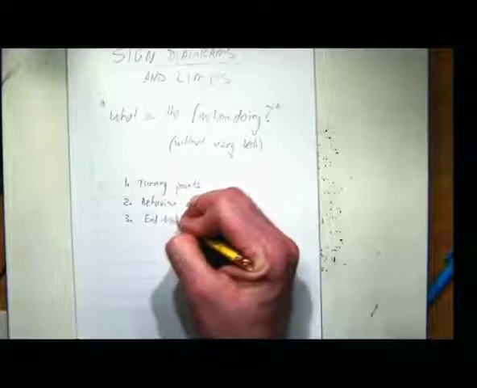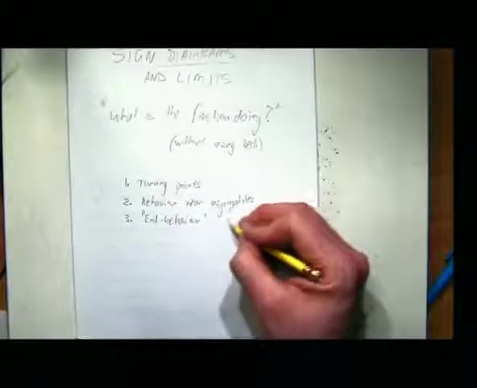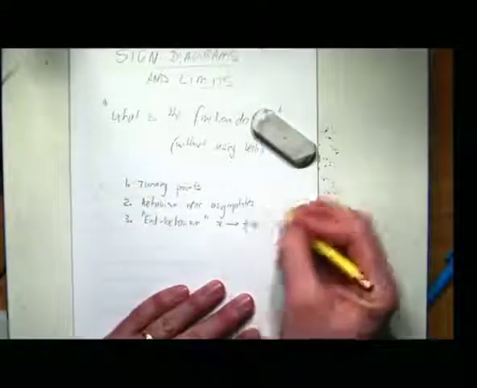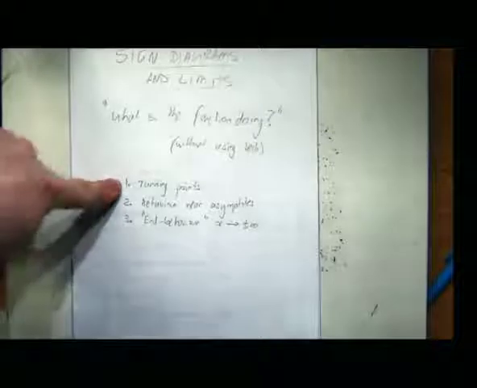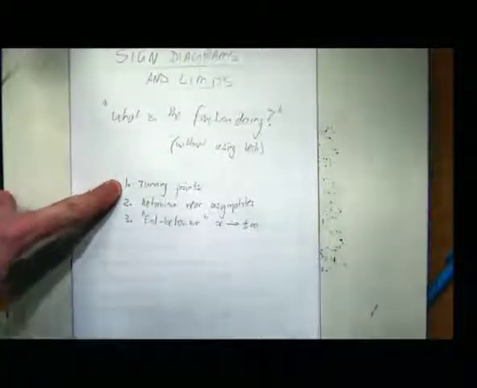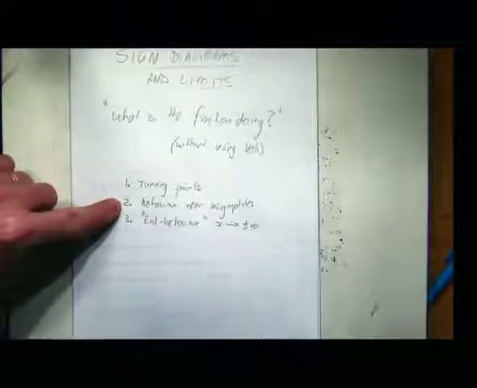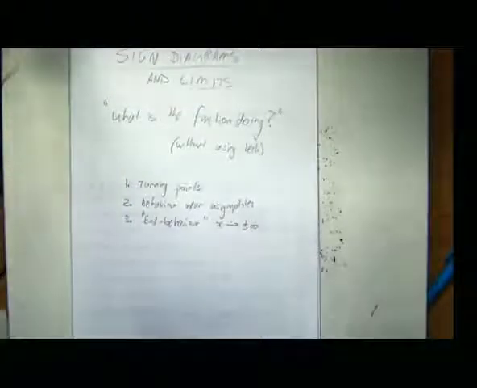I don't know what your lecturer calls it, but it's the behavior at plus and minus infinity. Not that x can be plus or minus infinity, so x approaches plus or minus infinity. They're the three main things that seem to be causing the most pain, and they're the things that you're looking for. The turning points, most people are comfortable with differentiating it and setting it equal to 0. Behavior near the asymptotes and the end behavior is a different story.